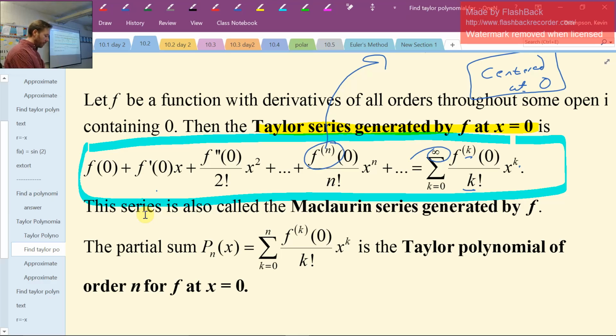So the first term is 1 plus 1 times x plus 1/2 x squared. Do you see that this value is always going to be 1? Its derivative is e to the x, but then you're substituting in 0, so e to the 0.